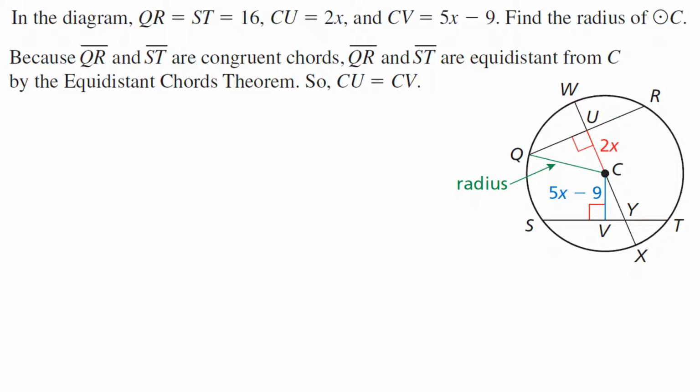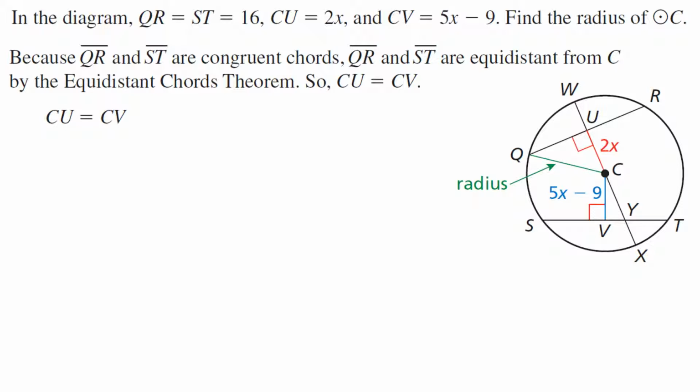Okay. Segment QR and segment ST are congruent chords. Right up in the directions it says they're equal to each other in length and they both have length 16. We know that segment QR and segment ST have to be the same distance from C. So I know CU has to equal CV. Oh, that's the equation we can set up now.